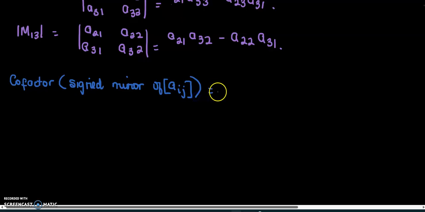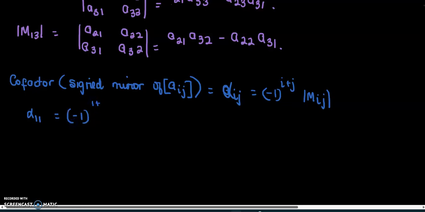The cofactor is denoted by alpha ij, and it's equal to minus 1 to the power i plus j, by the modulus of Mij. So let's say alpha 1,1 is equal to minus 1 to the power of 1 plus 1, by the minor M11, which is just the modulus of M11.